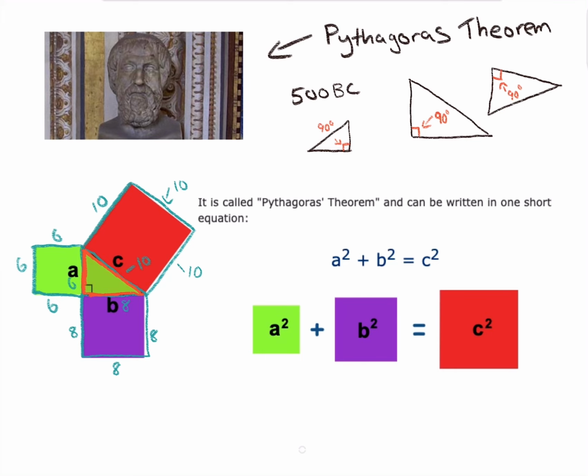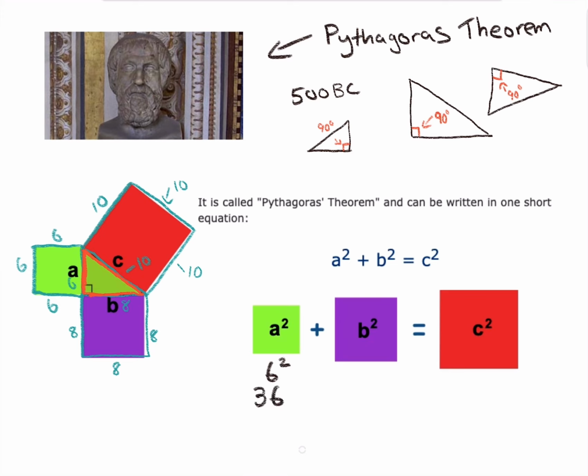So here you have A squared, that's the area of the square A. Let's say that was 6 centimeters. That would be 6 squared, which is 36.